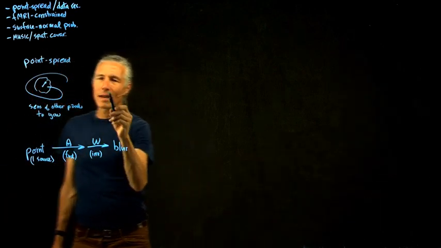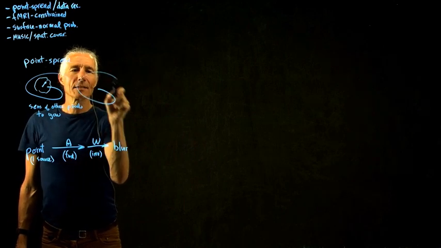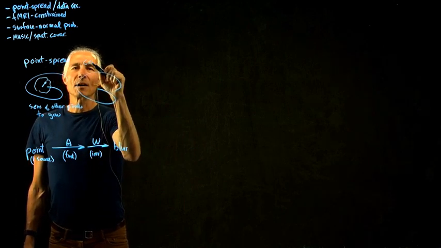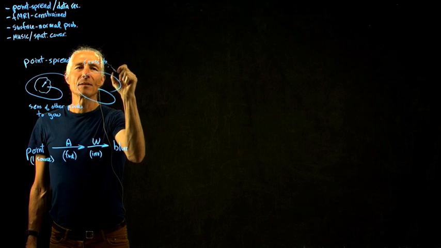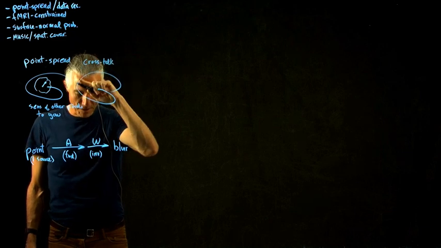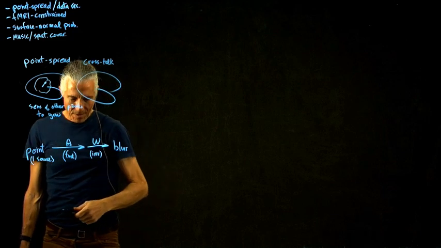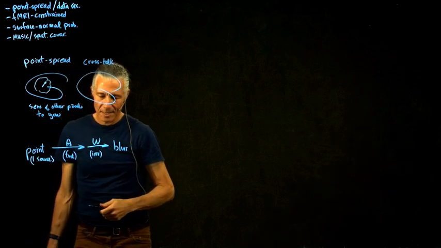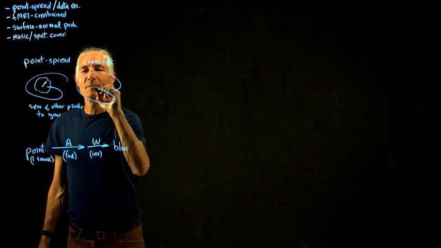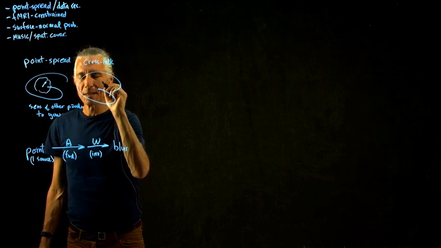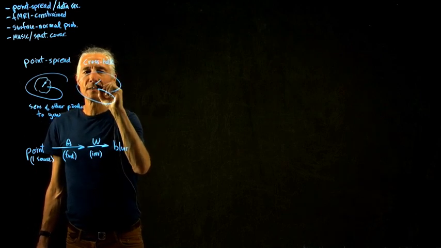The opposite of that is the crosstalk, which is closely related: the sensitivity of the estimate at this location to activity somewhere else.